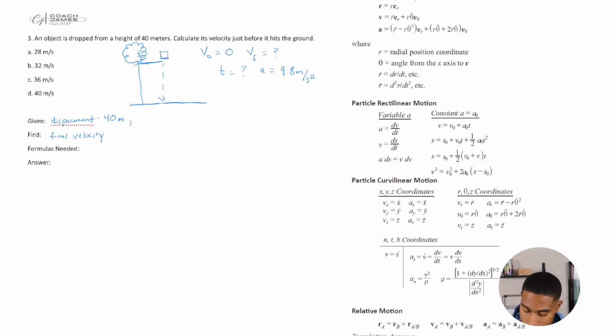We also know that the distance from here to here is 40 meters. So our initial distance is 0 and our final distance is equal to 40 meters.